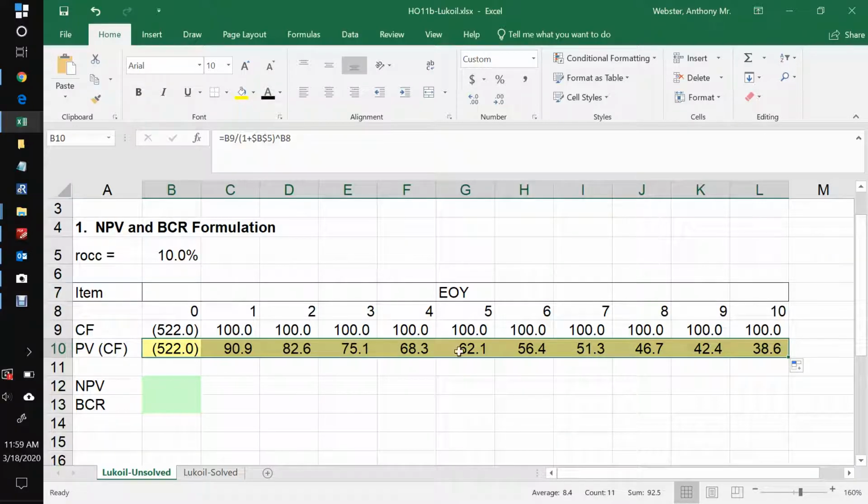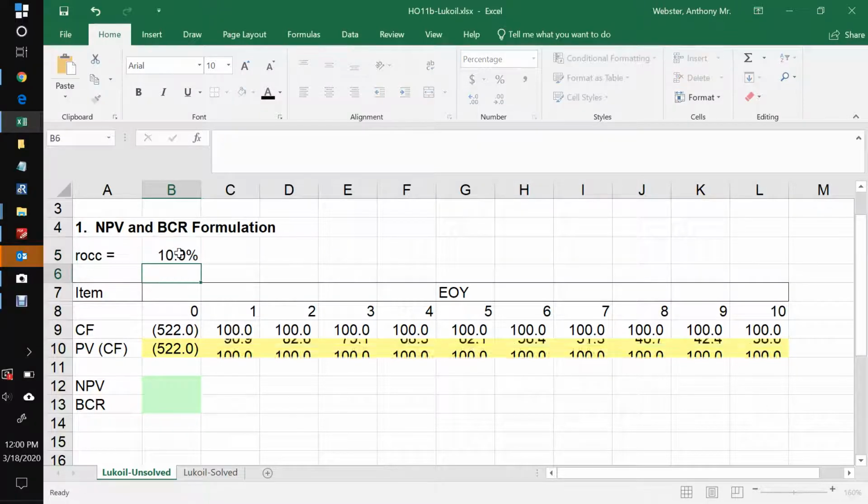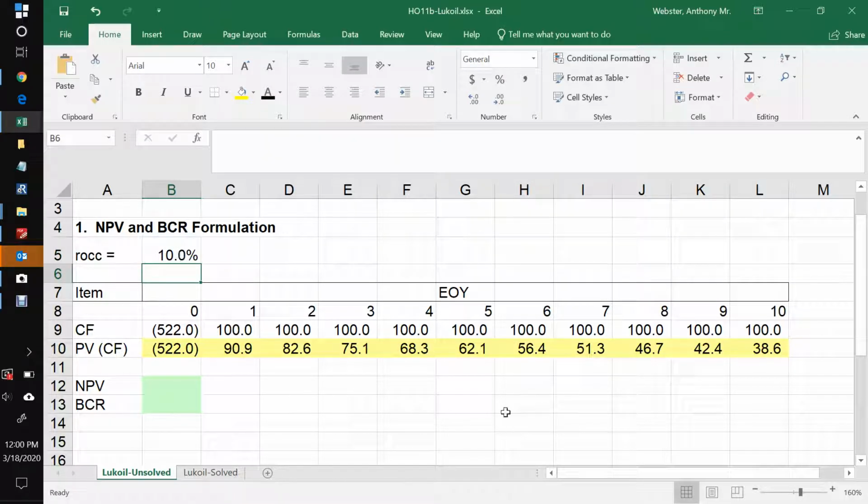Clearly the denominator is getting bigger as I go out in time, so all these numbers should be getting smaller, which they are. Also, if there were no time value of money, if I had 0% here instead of 10%, then all the present values of each cash flow would be the same as the cash flow itself. So that looks good. I think I've put this all in properly.